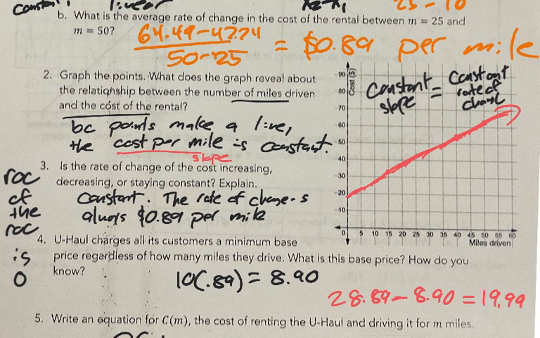For their average rate of change between this point and this point, were they speeding? They weren't. From here to here, it took them more than 1 minute, so they weren't speeding by the way we were measuring it. But were they speeding? Yeah.